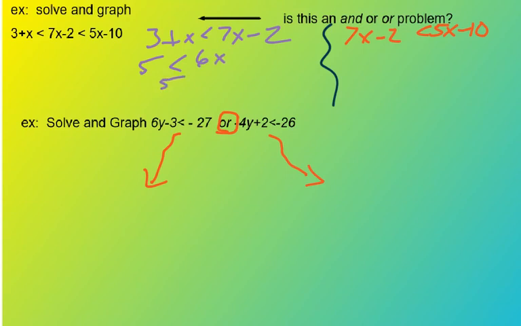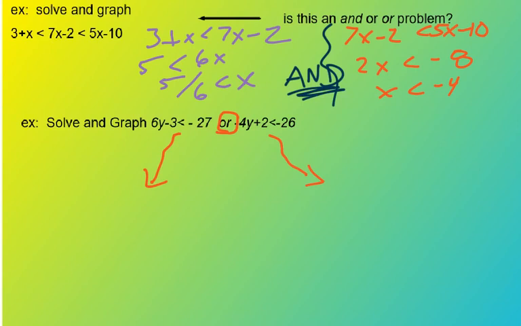So 5 over 6 is less than x on that side. And then we're going to have, I'd probably minus 5x, so I get 2x. And then I'd add 2, so I'd be at -8. So then divide by 2, -4, right? And you just got to remember, there's a word and that's kind of hidden there.